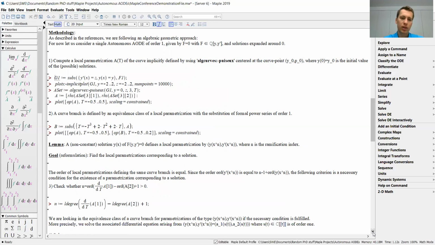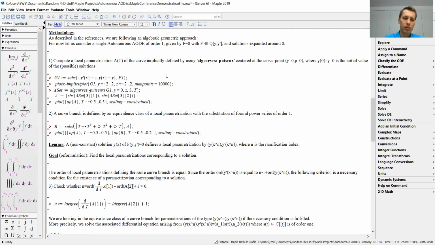First, we want to compute a local parametrization of the curve implicitly defined by the differential equation. For this, one can use the algcurves Puiseux command.